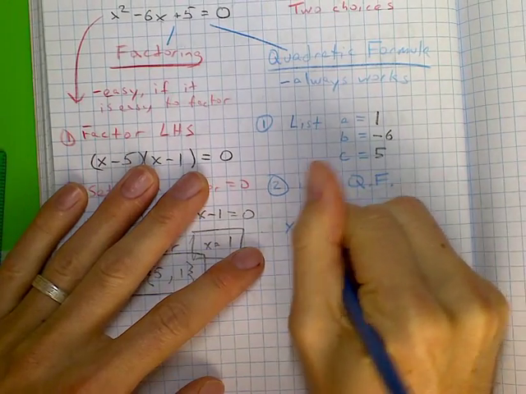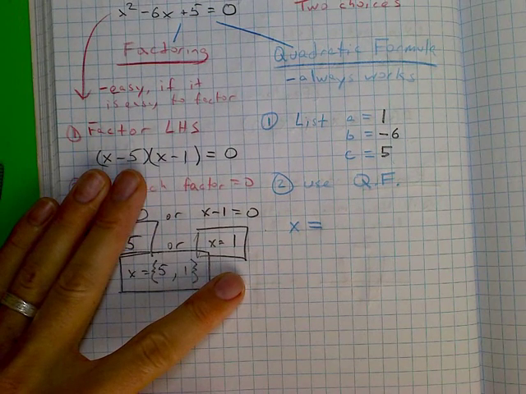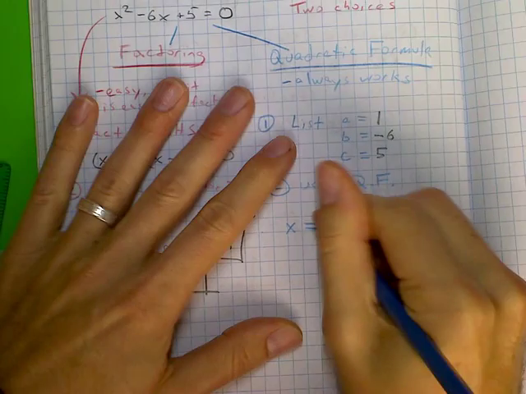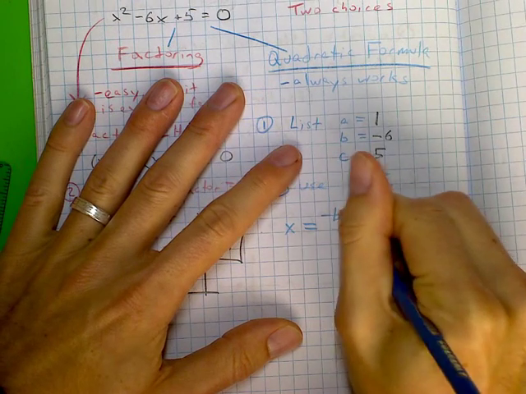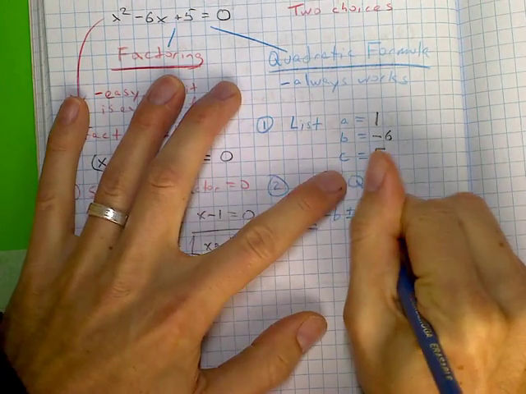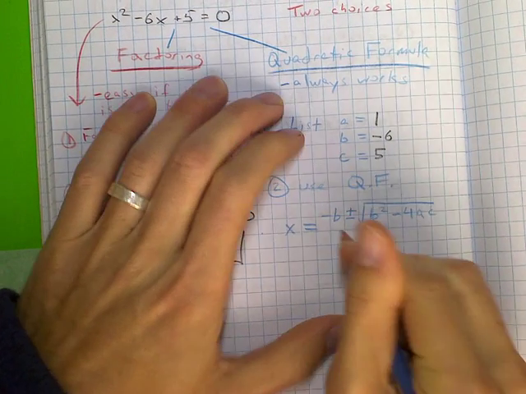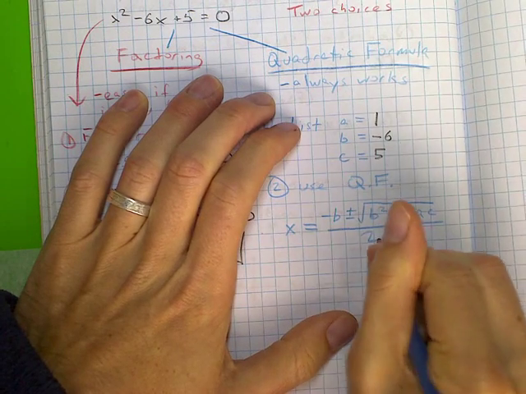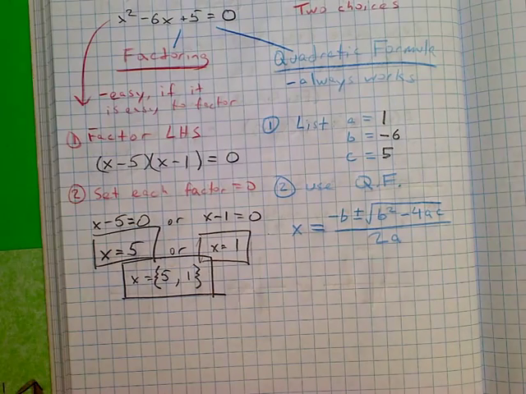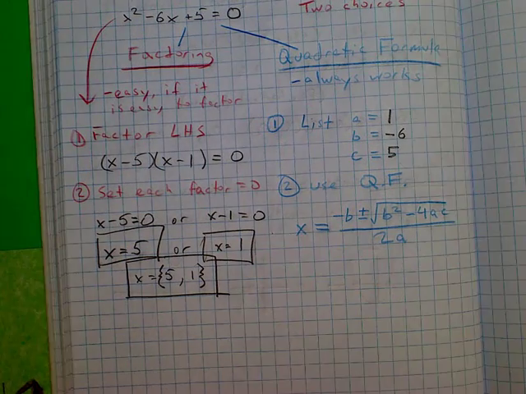So, our x values equal negative b plus or minus the square root of b squared minus 4ac, all over 2a. Okay, and how many x values does this give us?